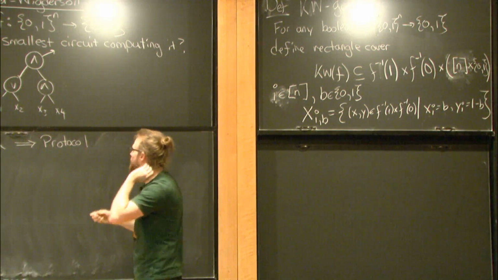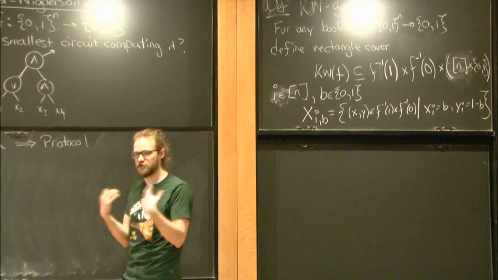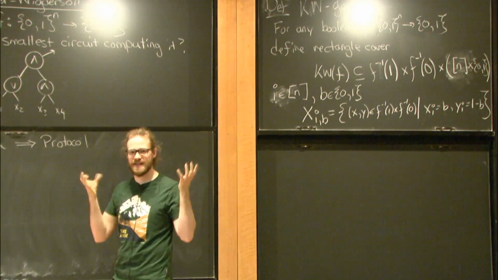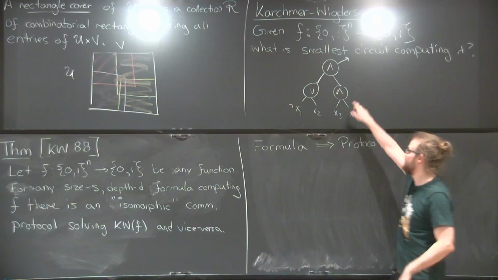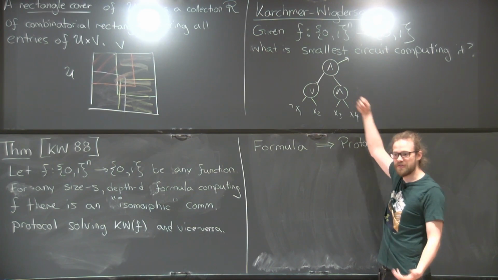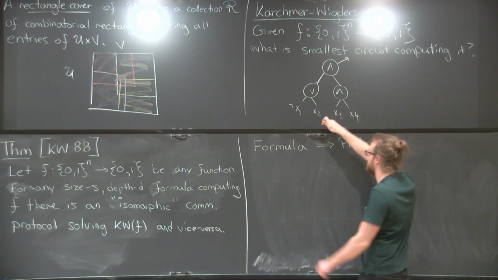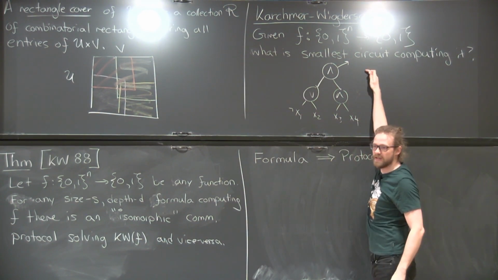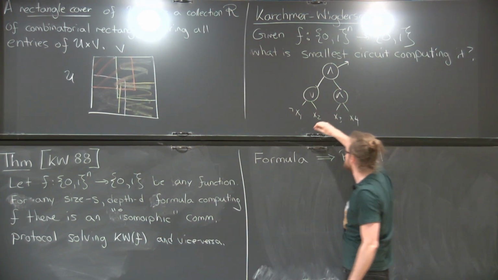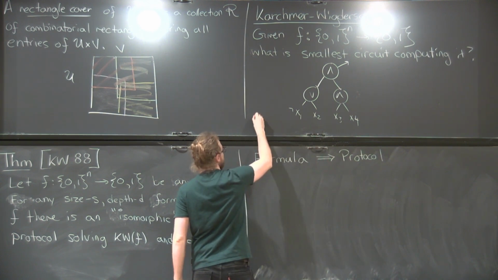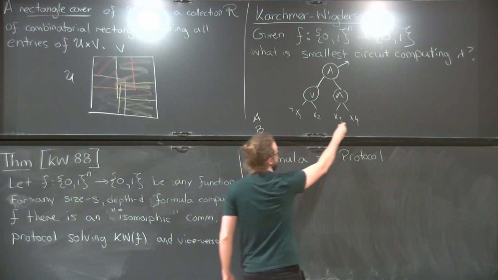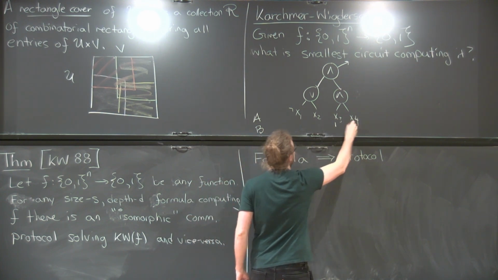Well, Alice and Bob have no restrictions on themselves in terms of computing, so they can both imagine that they have the formula in their minds. What they'll do is Alice will just take her input and evaluate this whole formula on it. Let's say Alice has a 1, so 1, 1.